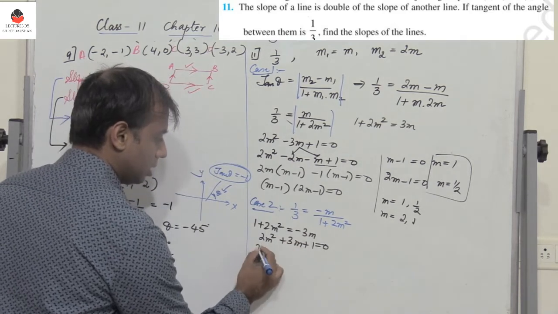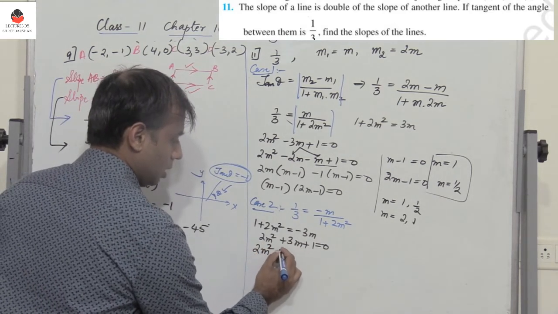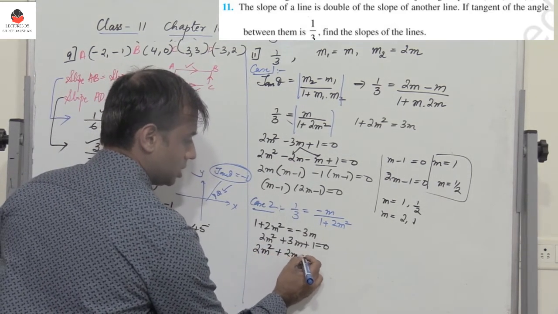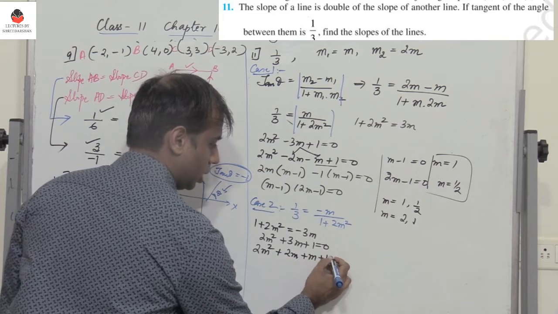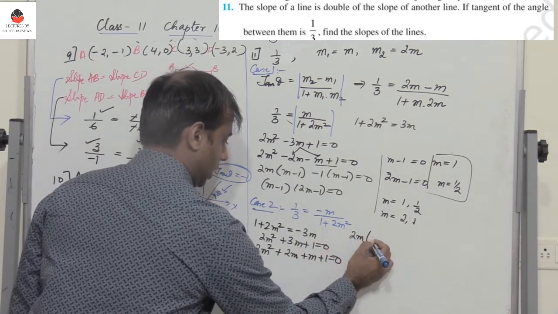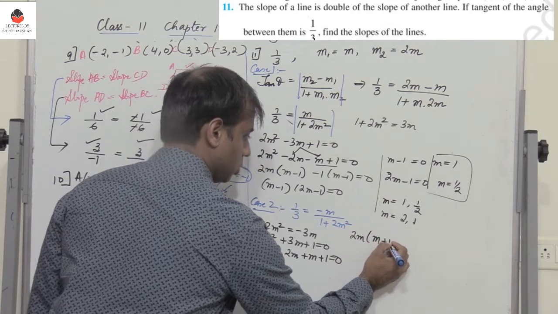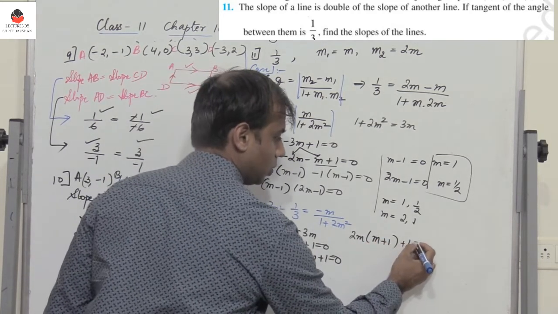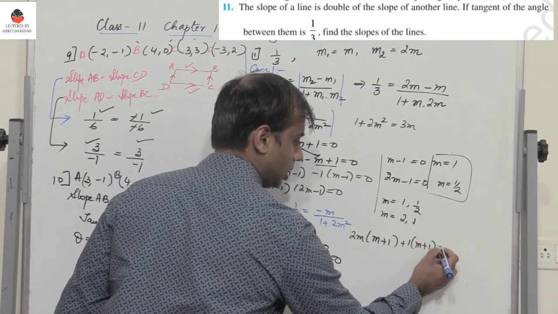Again splitting the middle term, 2m squared + 2m + m + 1 = 0. Take 2m common, I get (m + 1), and take 1 common here, again you get (m + 1) equals 0.